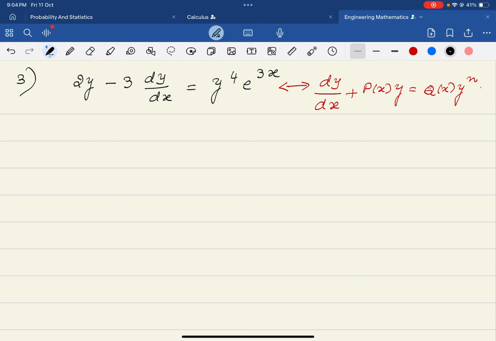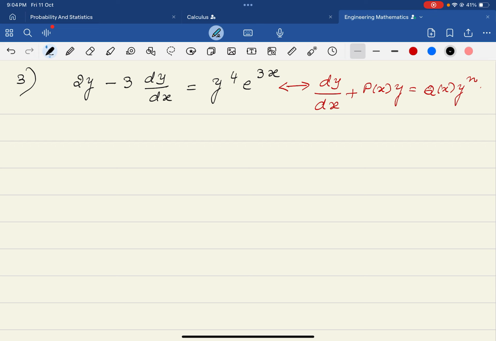So now you can understand the dy by dx here, and p of x into y, you have to take as this, and then we can write this like this. Now let us see how it is possible.